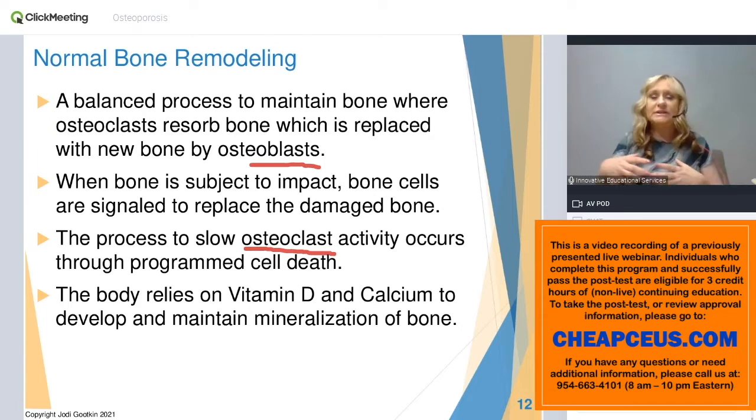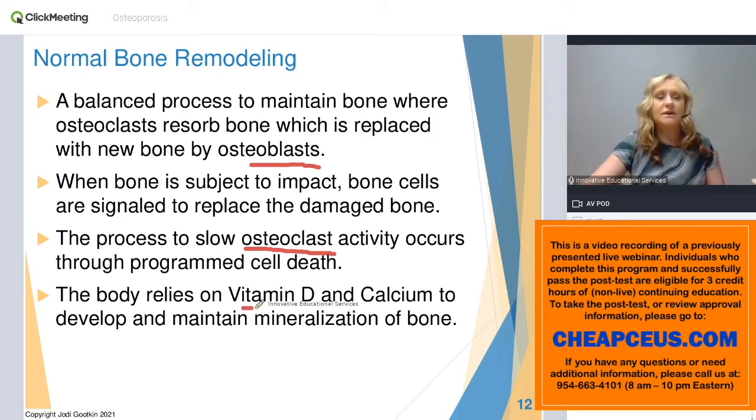And we also need to have enough calcium in our circulatory system for the functioning of our muscles and our nerves. Our bone provides that reservoir store of calcium where the body goes to pull from if it needs it to supply those other functions. And that's going to be important when we think about all the different conditions that could lead to osteoporosis.